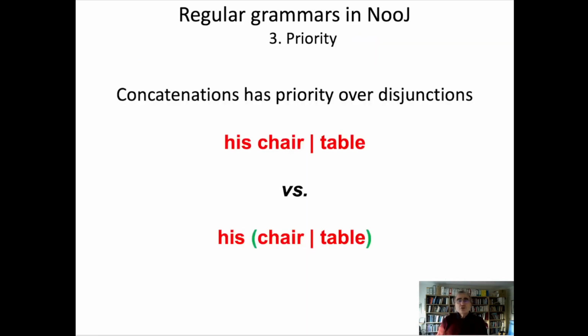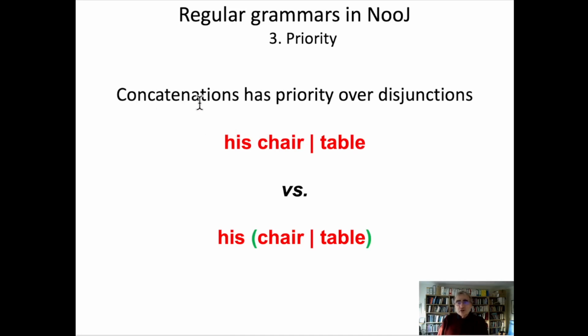Okay, so we have two operators, concatenation and disjunction. We need to know which operator has priority over which operator. Particularly, if we write something like his chair, pipe, table, what does Nooj do exactly?